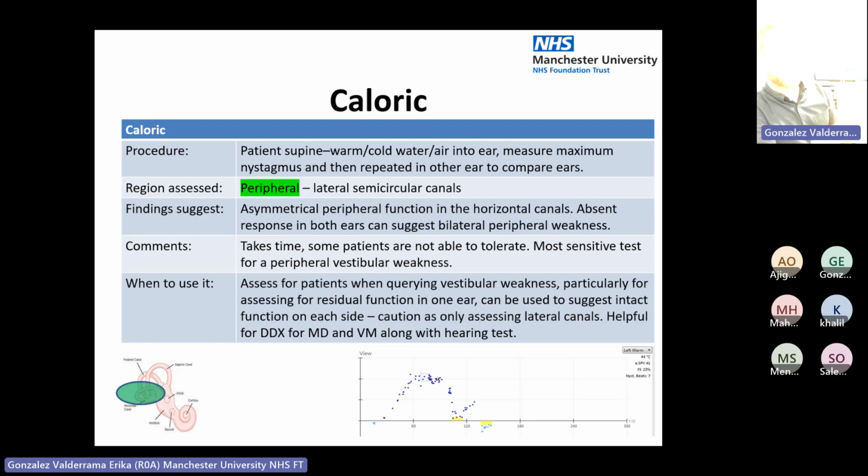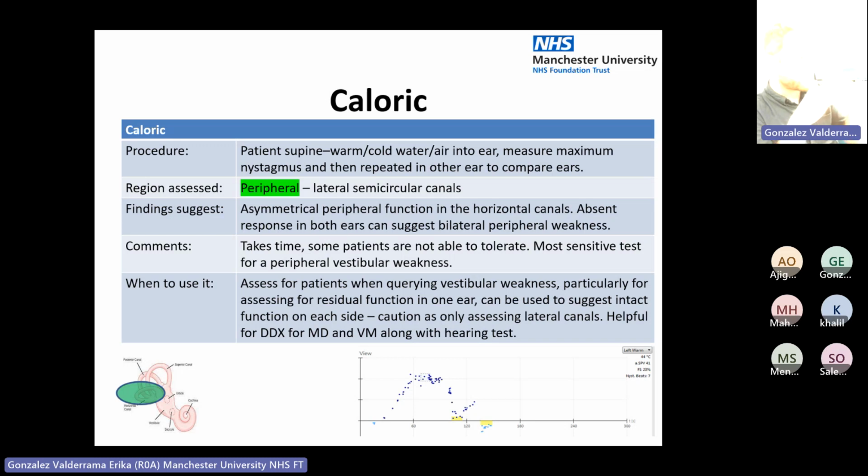So you ought to get a really massive response from the ear. But in complete bilateral hypofunction, or say, for example, if somebody's had a labyrinthectomy on one side, or a chemical labyrinthectomy, then they might get absolutely no function even on ice calorics. But if you've got complete bilateral vestibular hypofunction, there'll be no response.